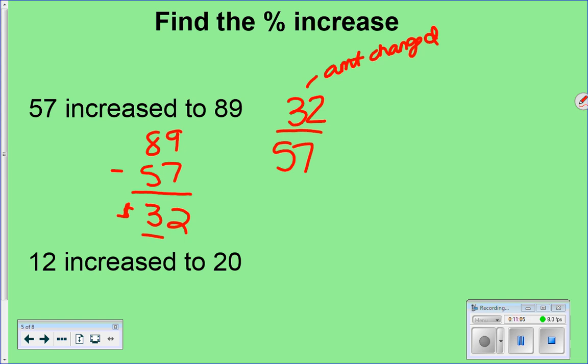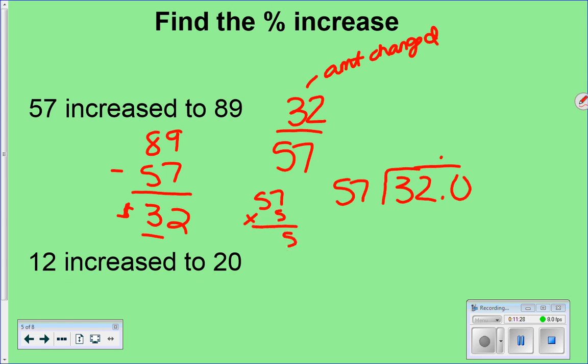So now what we're going to do is divide these two things. Which one goes in the house? 32, right? 32 divided by 57. We're going to have to add a decimal here. Let's see, 57 times 4, maybe? 5? Okay. 25 to 28. So that goes up there.